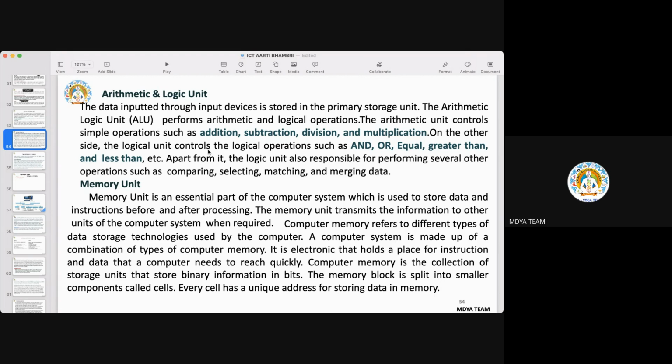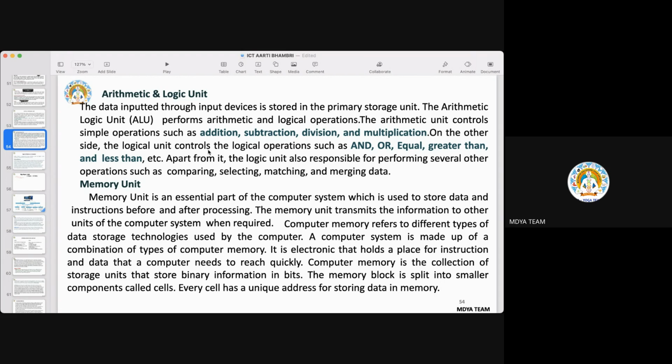There is a proper combination of whatever I am putting in and you are getting. The display device and everything is involved. So much processing is going on parallelly within the system. A computer system, we all know, is made of a combination of various types of memories. We'll see it, it is an important topic, the computer memory or memory unit.